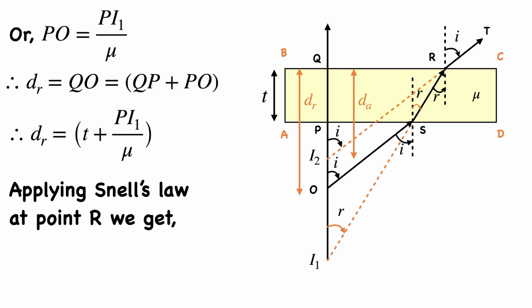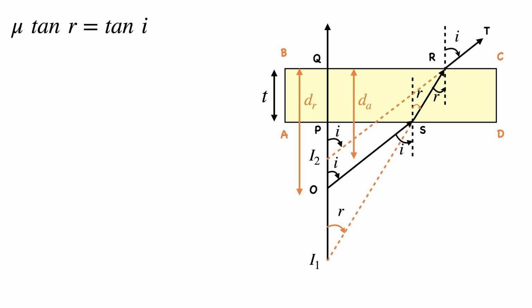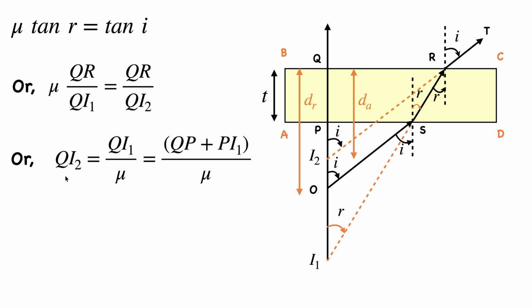Applying Snell's law at point R, we get mu sin R equals sin I. Since I and R are very small, we can write mu tan R equals tan I. Now tan R equals QR by QI1, and tan I equals QR by QI2, or QI2 equals QI1 by mu.